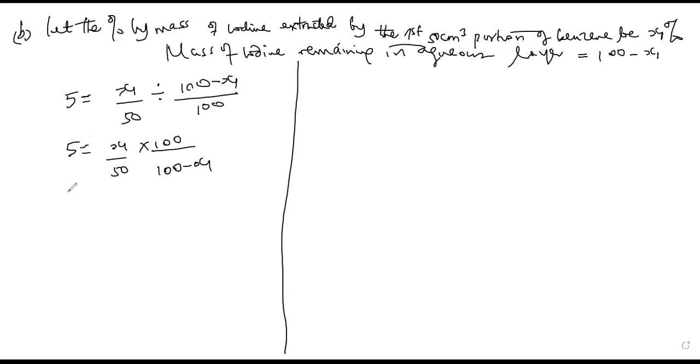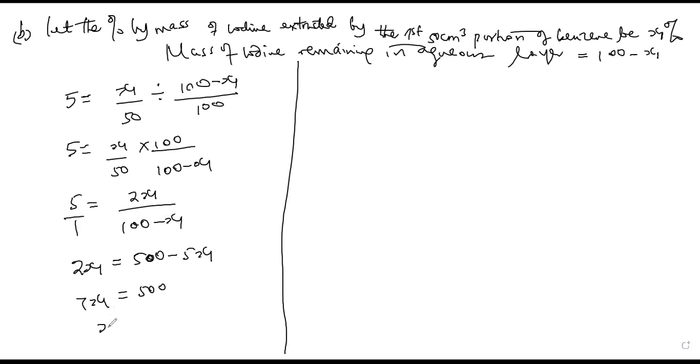So this gives us 2X1 on top over 100 minus X1. When you cross multiply, you'll have 2X1 equals 500 minus 5X1. When you bring it this side, it will be 7X1 equals 500, and you'll get your X1 as 71.43% after having divided by 7.